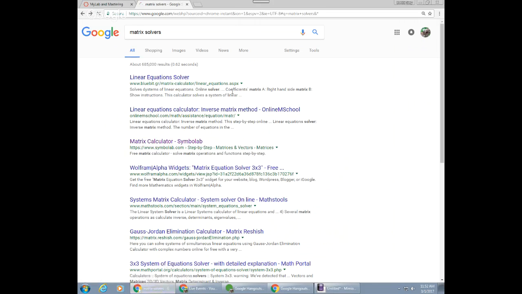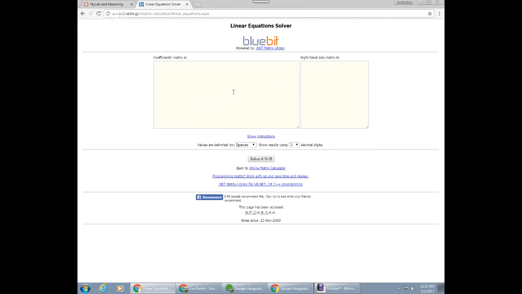Let's see what the first one does. Enter the left side, enter the right side. Oh, let's see, how do we enter it? Show instructions. Spaces, okay. So if I enter, does anybody have those numbers written down? Oh, I got them right here. 1 space 0 space 1 space 0. Right-hand side was a 0. And then I guess I'm going to do a new line probably.